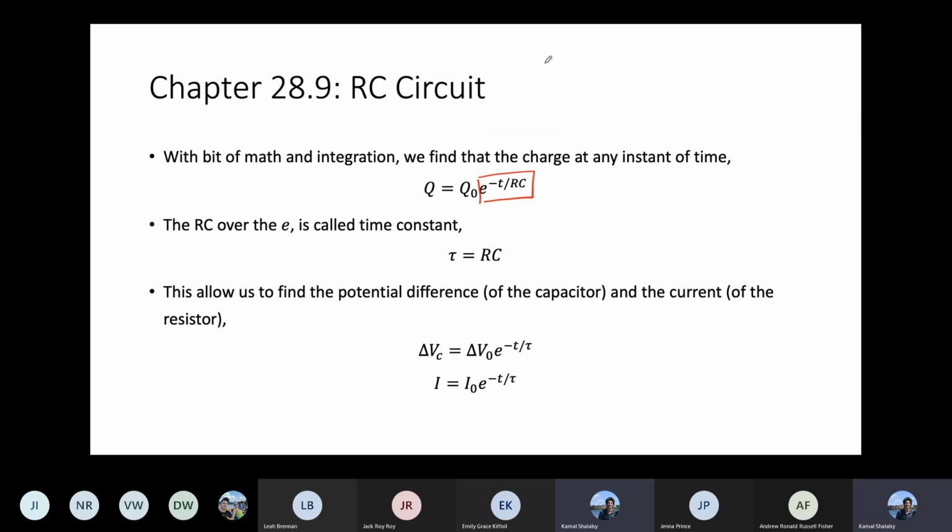What it means is, if we have a graph here, this is time, this is q. This is q naught.